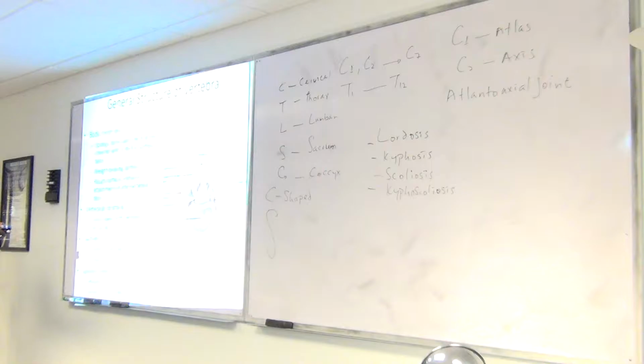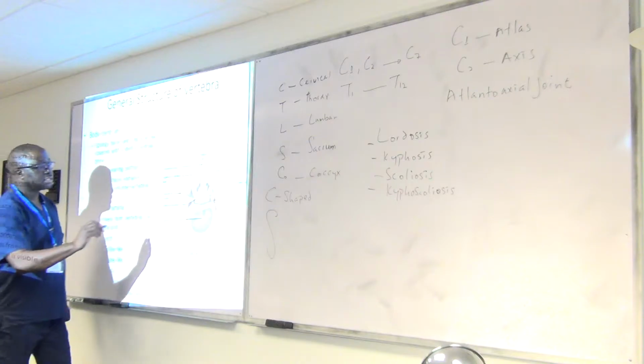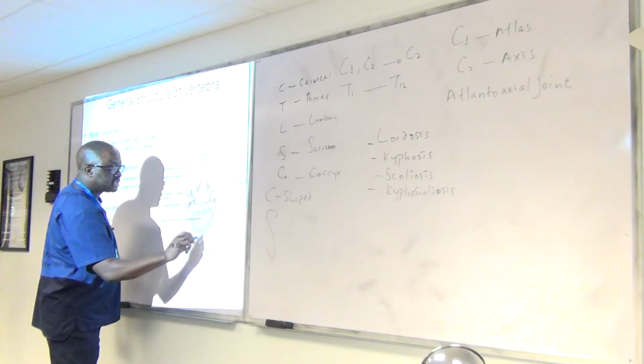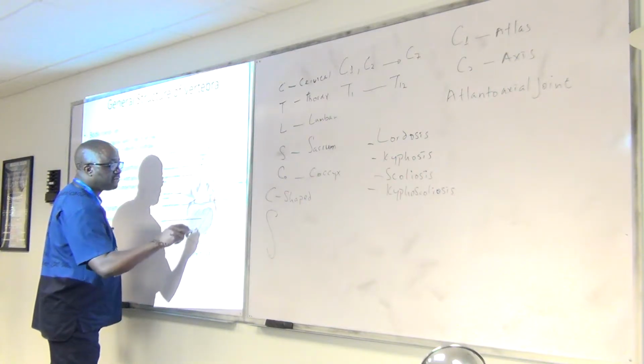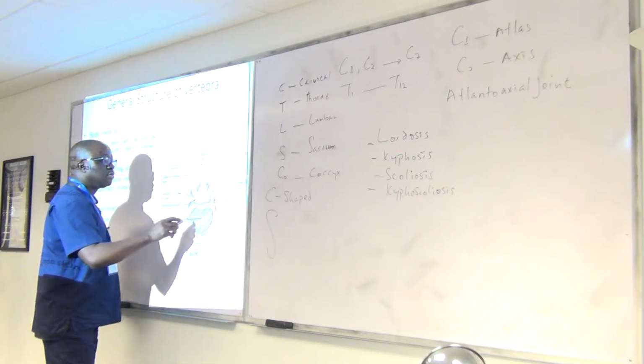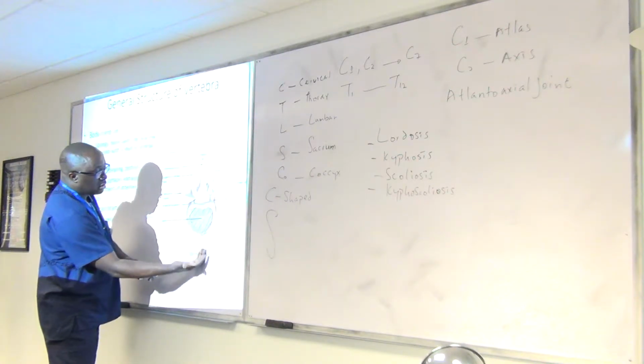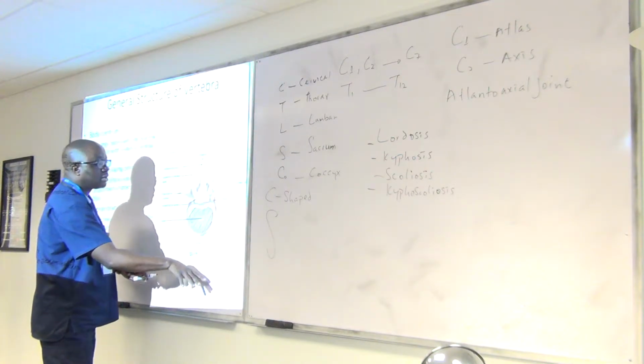So we have the body, the foramina, which is the canal, the arch, and the spinous process. This is the body, where the fibrocartilage sits on top of it, which helps another one to sit on it.